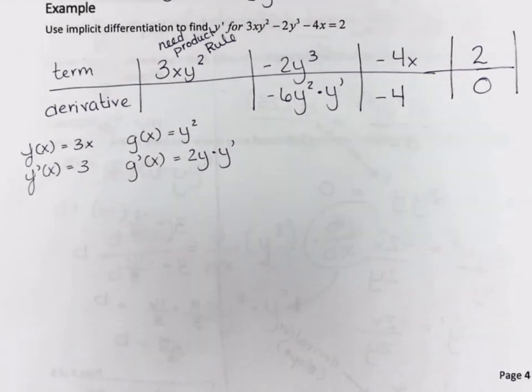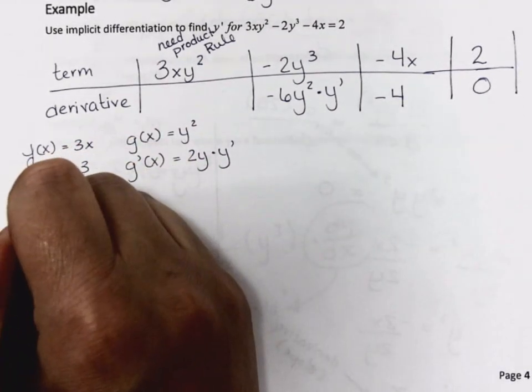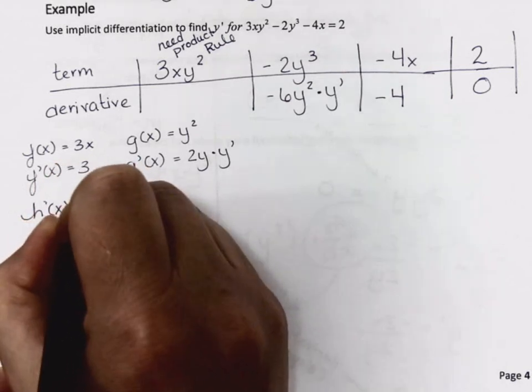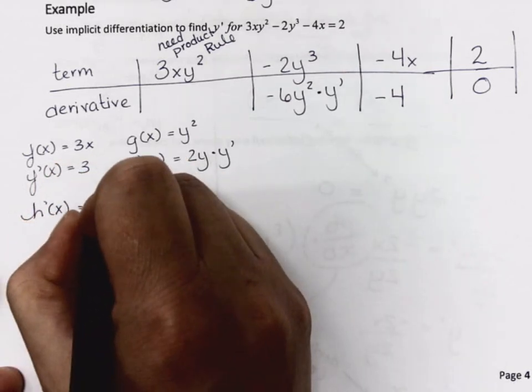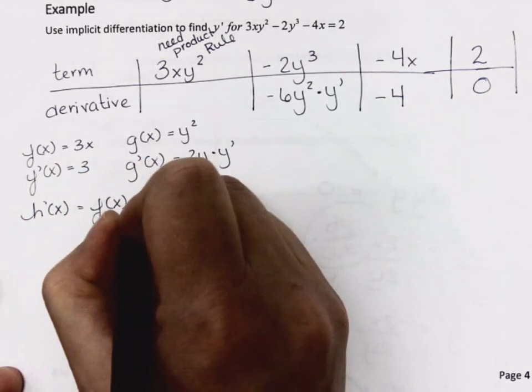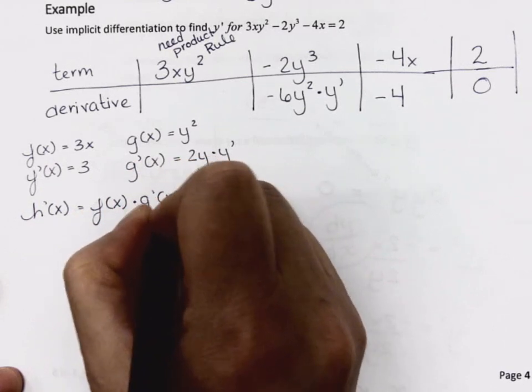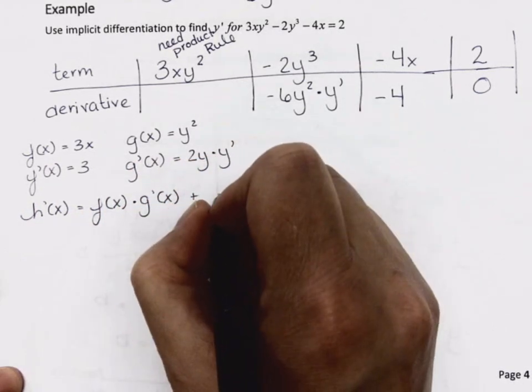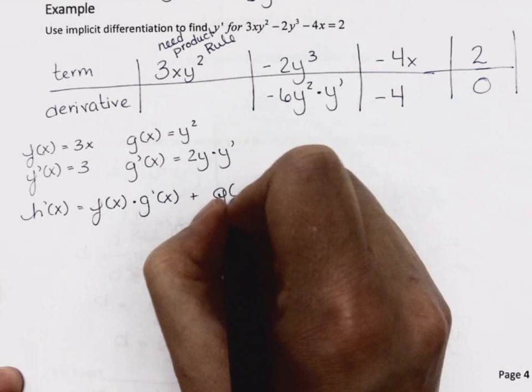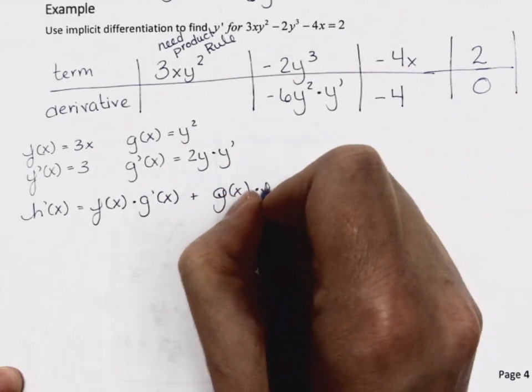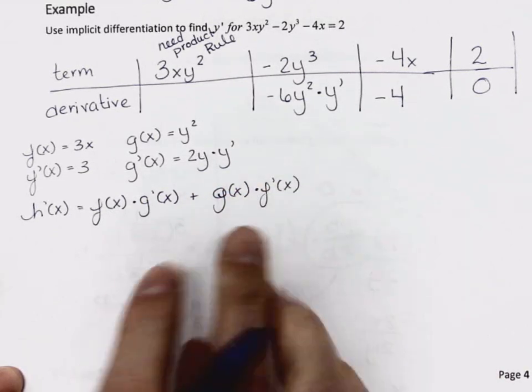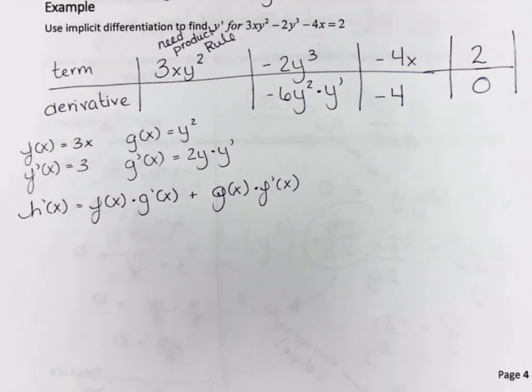So now the rule was f of x times g prime plus g of x times f prime of x. And I might have got those switched up in the different orders, but it's multiplying and adding, so it doesn't matter what order I do it in.